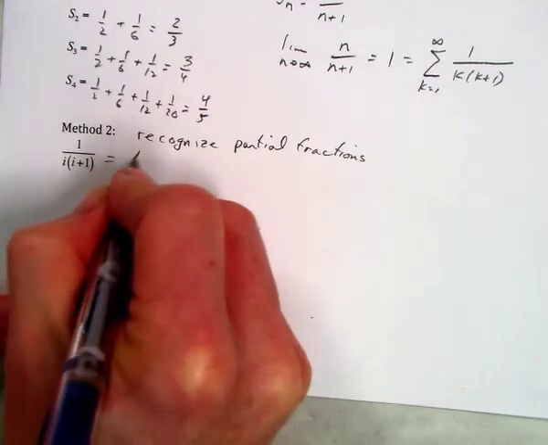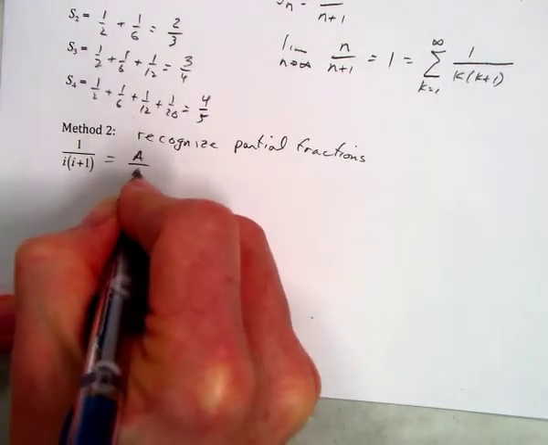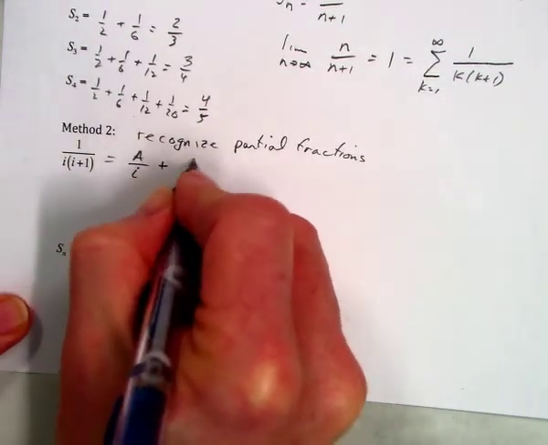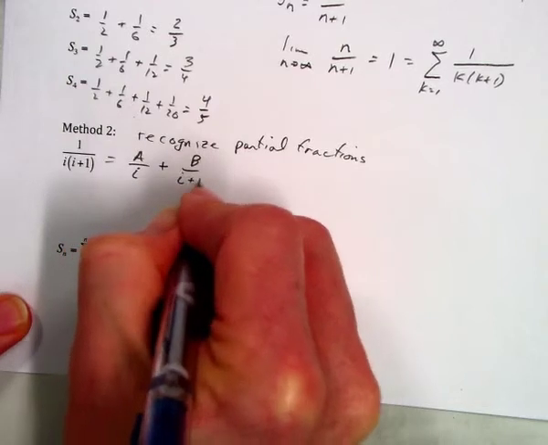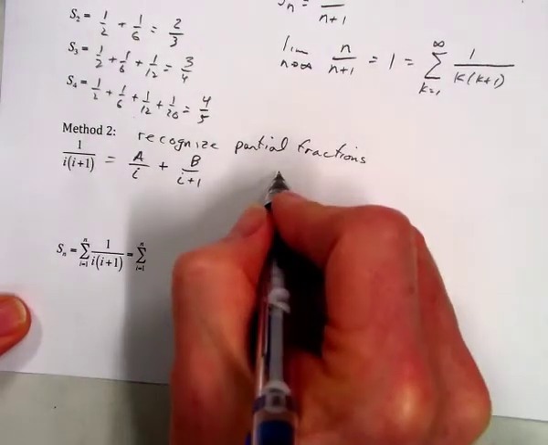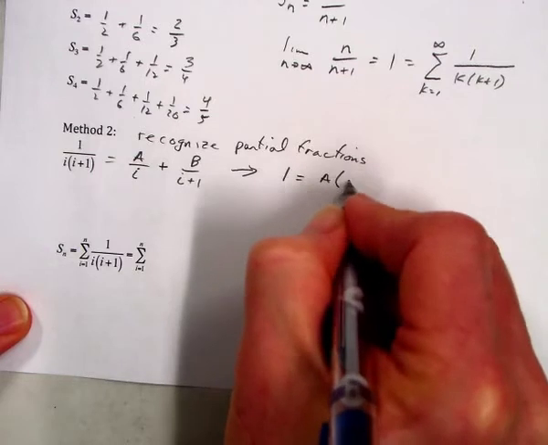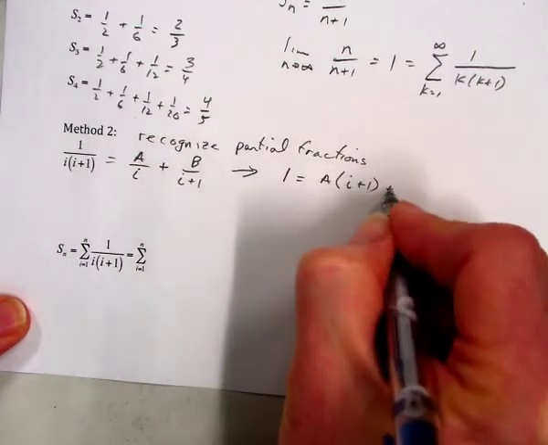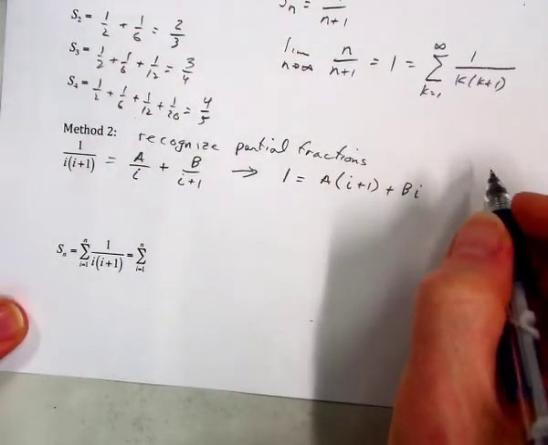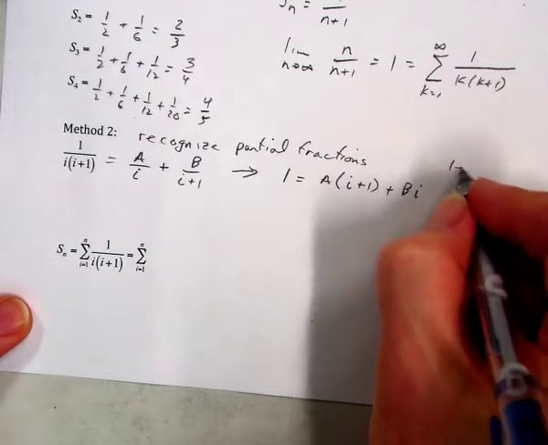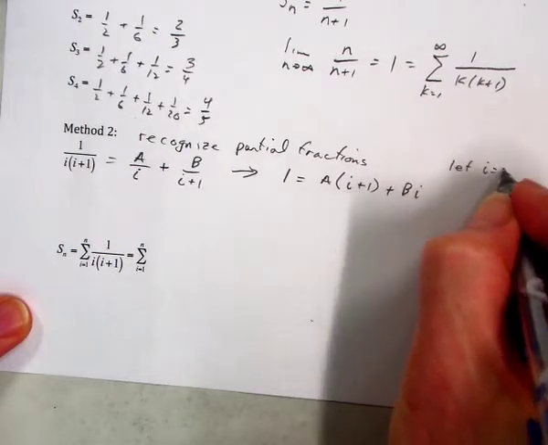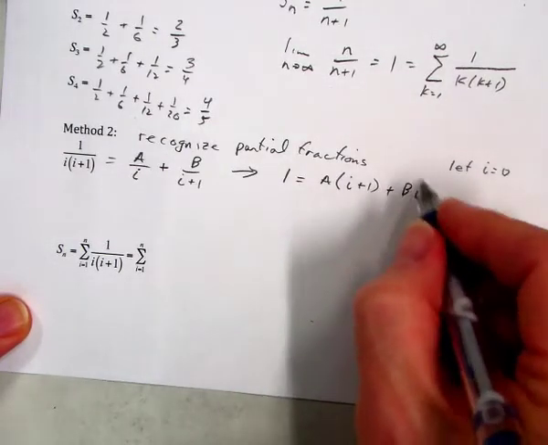So we can set it to a over i plus b over i plus 1. Go ahead and clear it all. We'll get 1 equals a times i plus 1 plus b times i. Now again, we can do it easily. We'll just substitute i equals 0. That's going to take out the b.